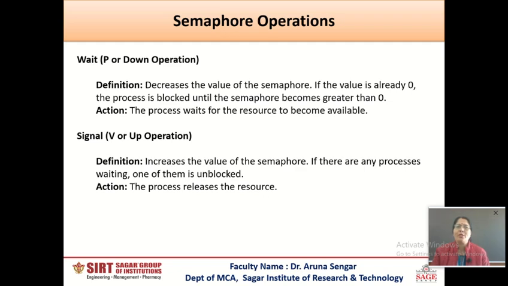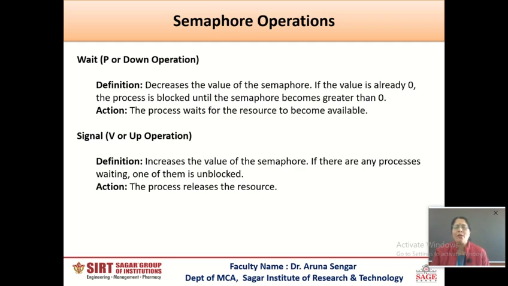As soon as one process occupies a resource, it decreases the value of the semaphore. If the semaphore value is decreased by 1, that means one process is occupying one resource.